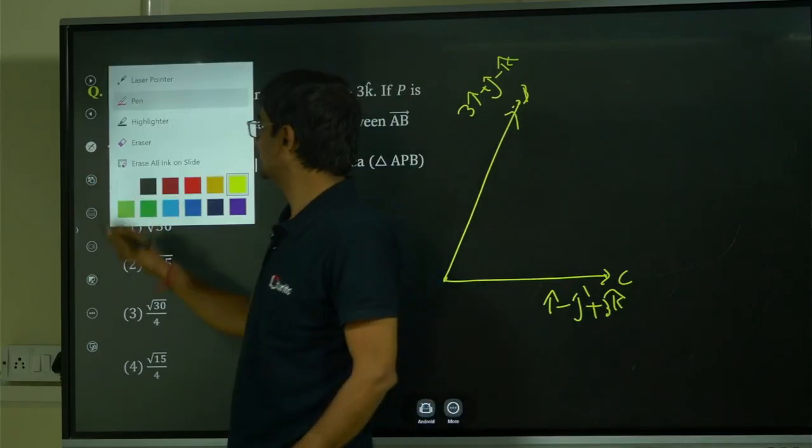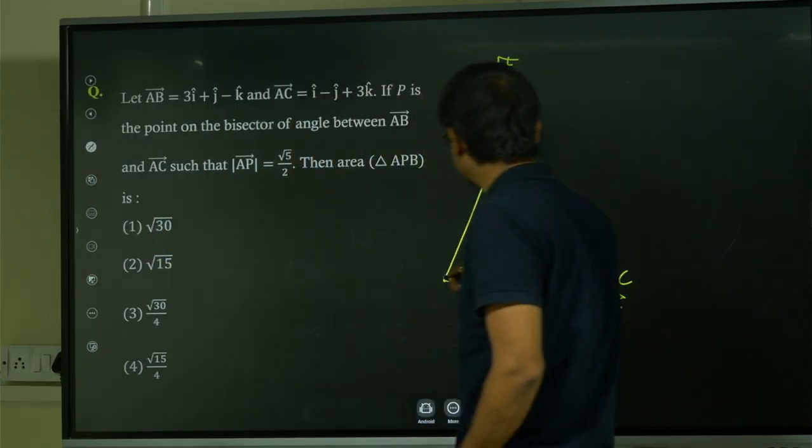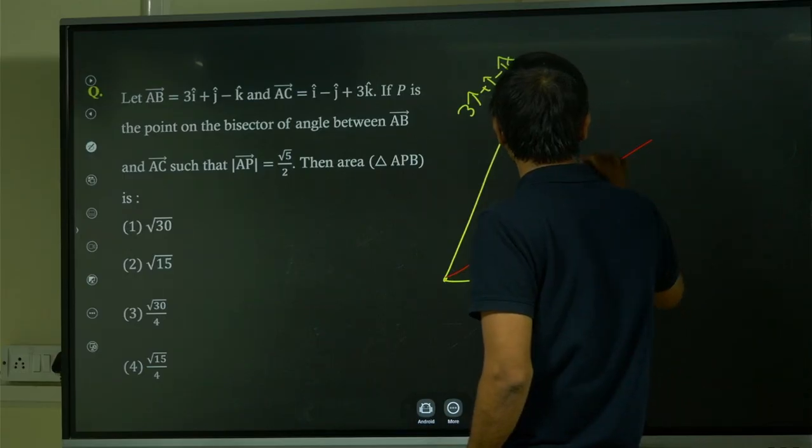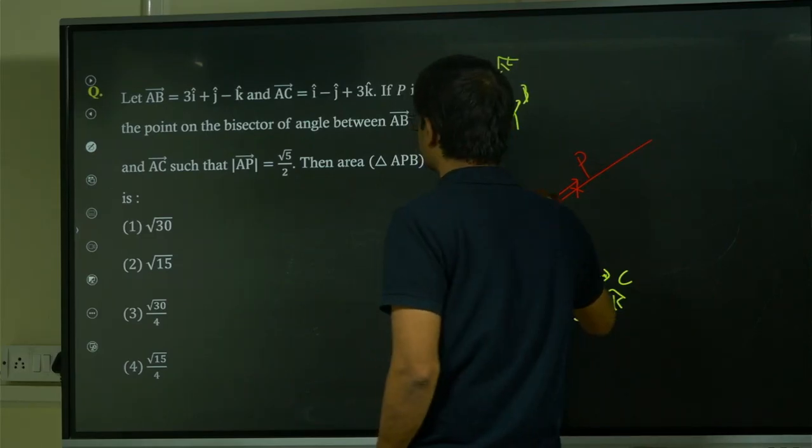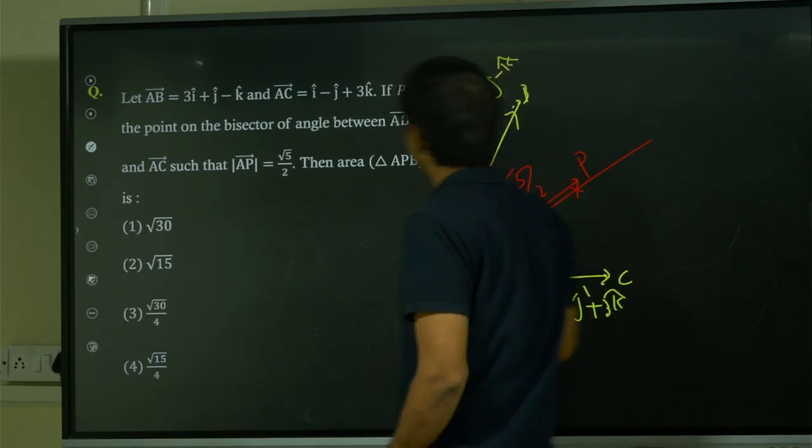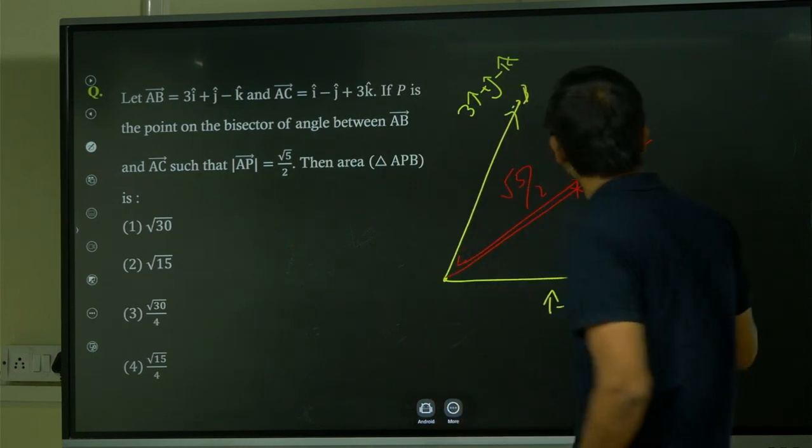They are angle bisector. So the angle bisector for the vectors has to be this, such that this is P and this length is given. This is root 5 by 2. We are asked to find the area of triangle APB.